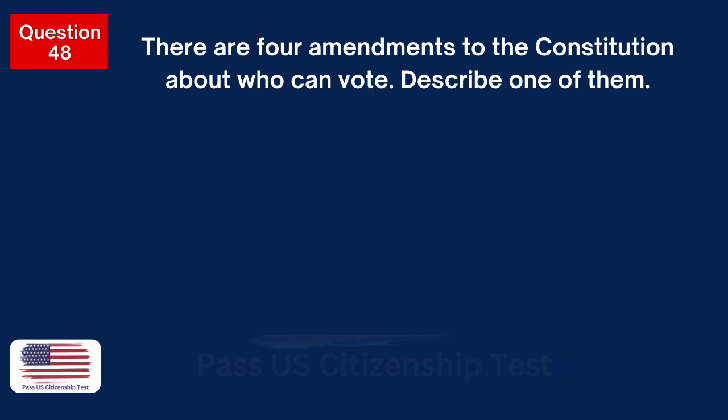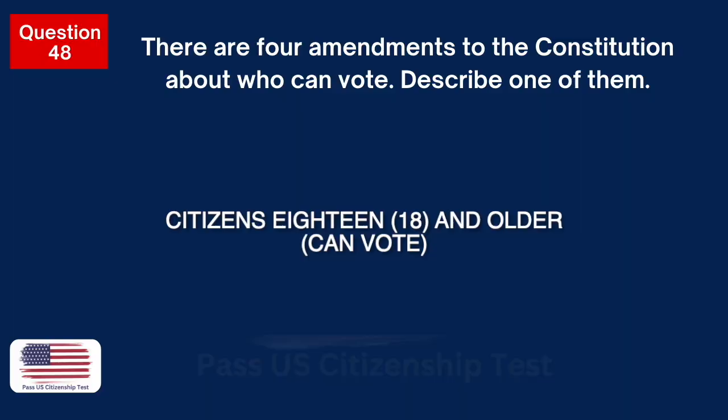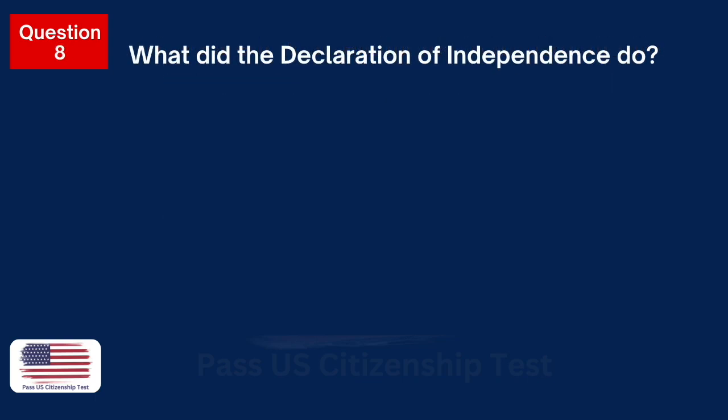There are 4 amendments to the Constitution about who can vote. Describe one of them. Citizens 18 and older can vote. What did the Declaration of Independence do?